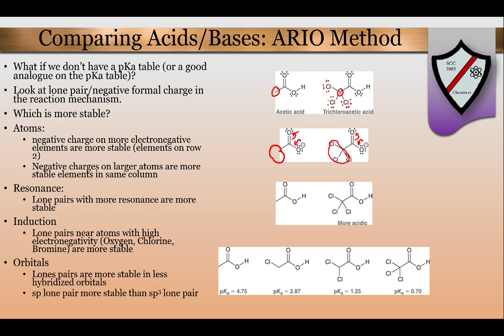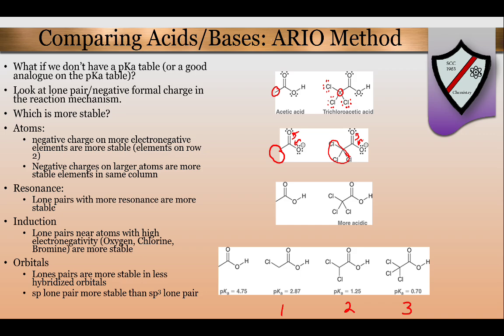We got big atoms over here that can shoulder some of the electron density involved with the extra lone pair. So the trichloro version of acetic acid is more acidic. In fact, you can see the pKa's go down as you replace one of the hydrogens here, 2 of the hydrogens here, and 3 of the hydrogens there.